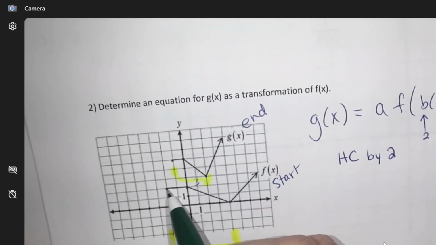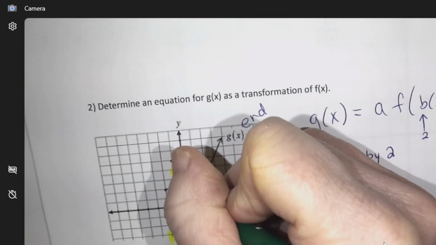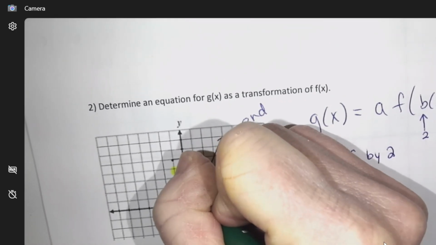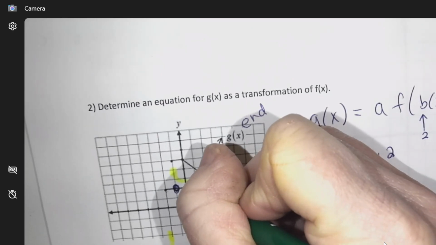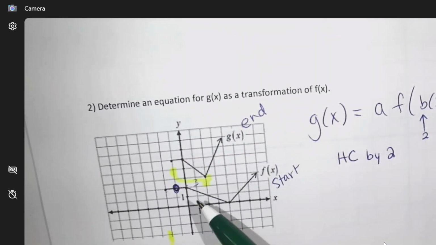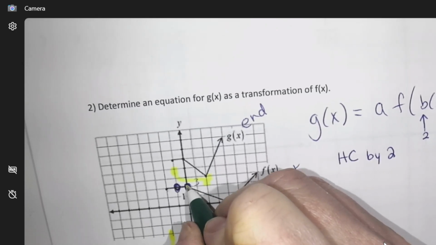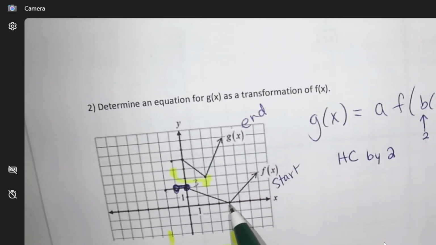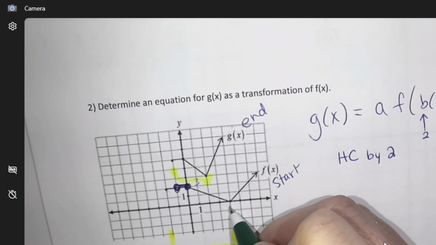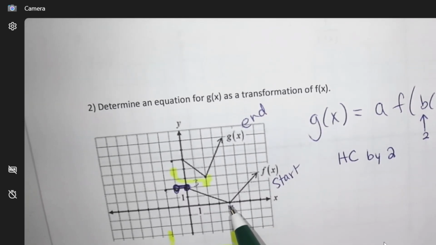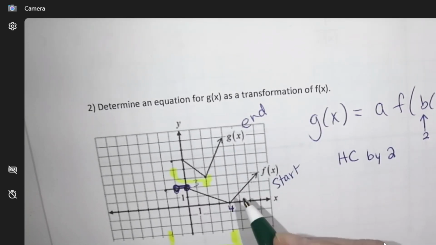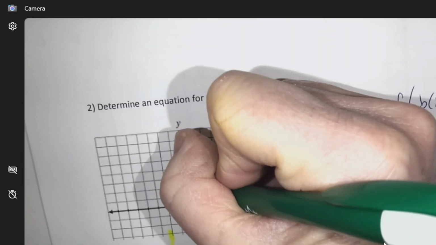So this coordinate was at a -2. Now it would be at a -1. This coordinate, x value 0, would stay at 0. 1, 2, 3, 4. The bottom of the V is at 4. So if I compress it, it would go to 2.